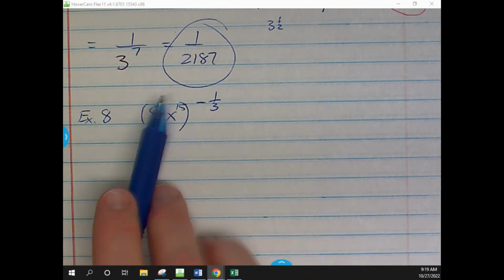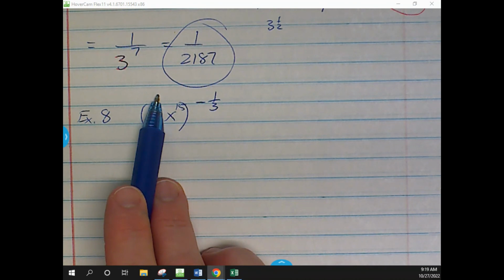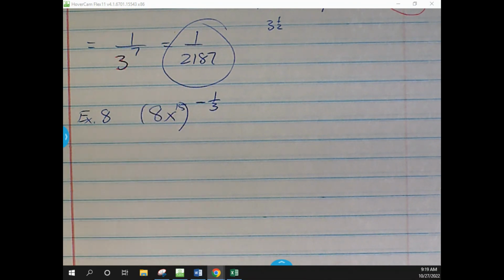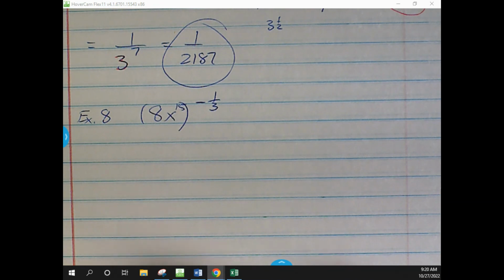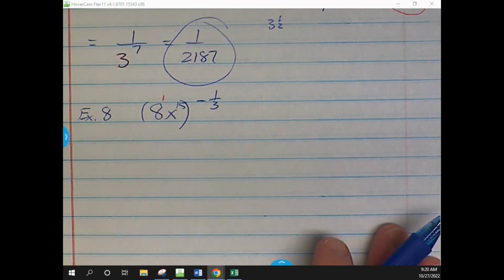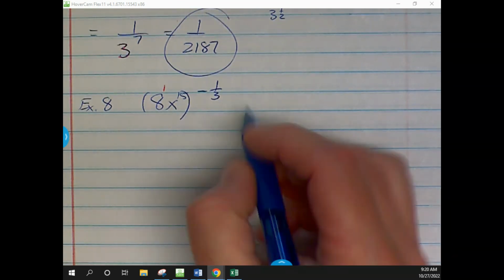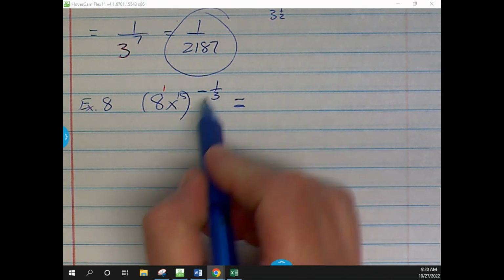It is 8 and then x to the 15th power. Okay, in that case, you can almost think about the numbers as having an exponent also. So it's almost like it's 8 to the first power and then x to the 15th power. If you want to think about it that way, that's the way you want to think about those problems.